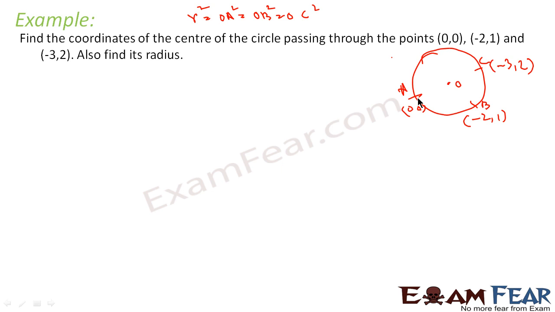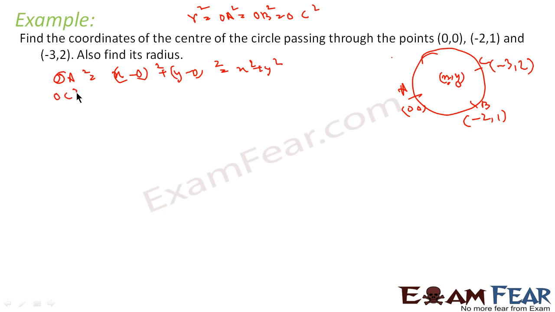For example, let the center be (x, y). OA square is nothing but (x minus 0) square plus (y minus 0) square, that is x square plus y square.